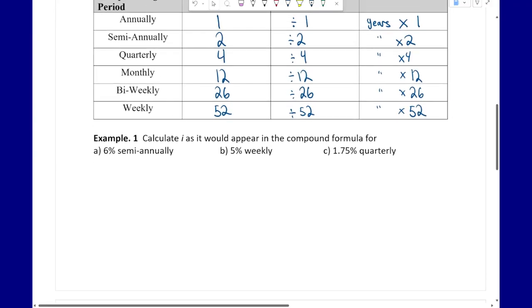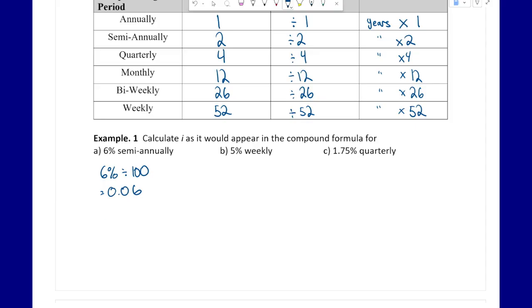So in the first example, we just want to calculate the i, or our interest rate per period, as it would appear in the compound formula. We're going to look at 3 different scenarios. One is 6% semi-annually. We said before it needs to be a decimal, so I take the 6%, divide it by 100, and get 0.06. That means the interest rate per year is 6%, but because it's semi-annually, meaning twice a year, I want to figure out the interest rate per each half of the year.